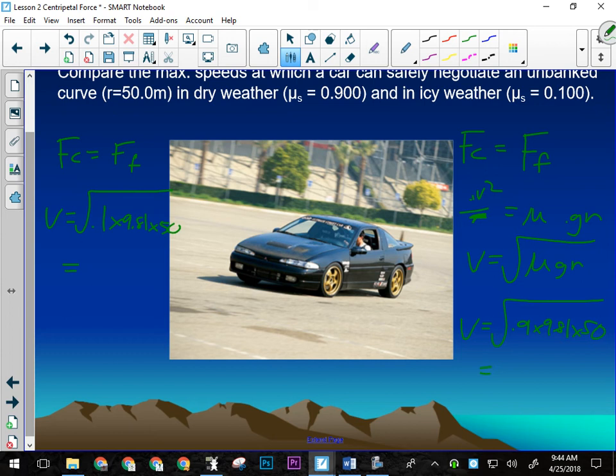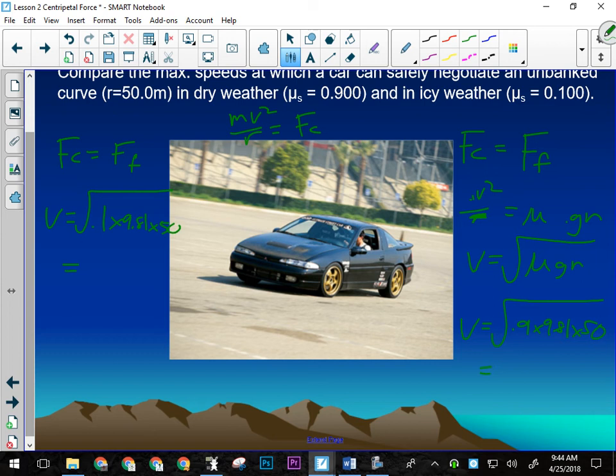So we have 1/9 the friction. But remember that the formula says speed and force are related by a square root. I have 1/9 as much friction, so I will only be able to go 1/3 as fast. Square root of 1/9 is 1/3.